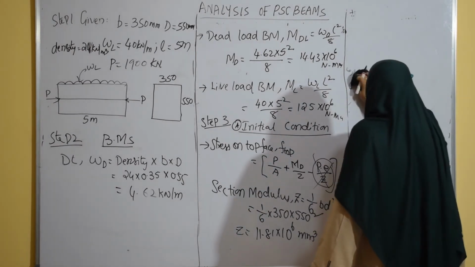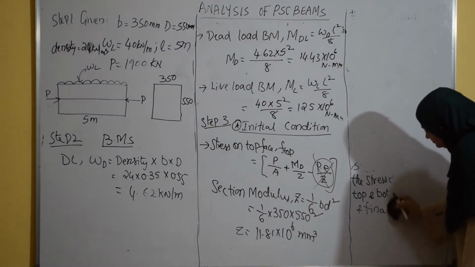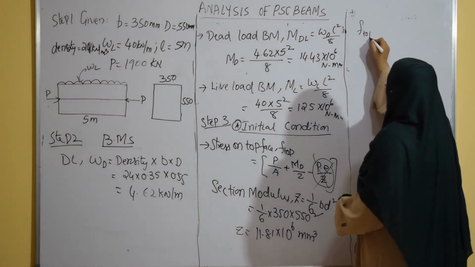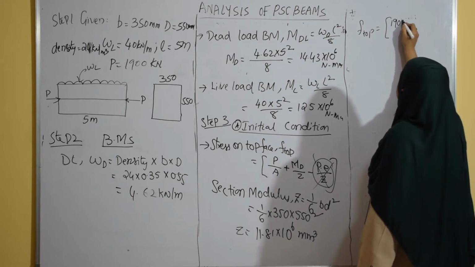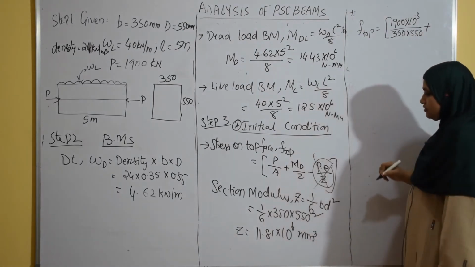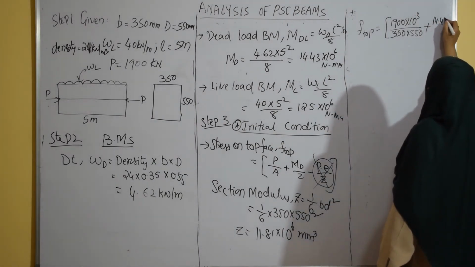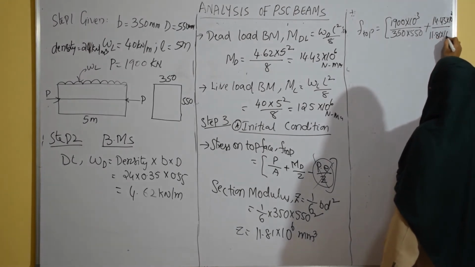Because it's a basic problem to begin with, directly I am writing F top is equal to P by A. P is 1900 kilonewton, so 1900 into 10 to the power of 3 by area 350 into 550, plus dead load bending moment by Z. Dead load bending moment is 14.43 into 10 to the power of 6 divided by Z, 11.81 into 10 to the power of 6.